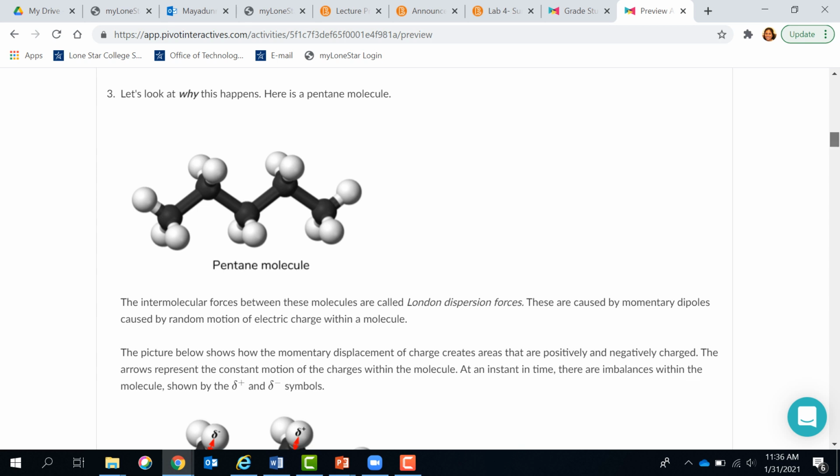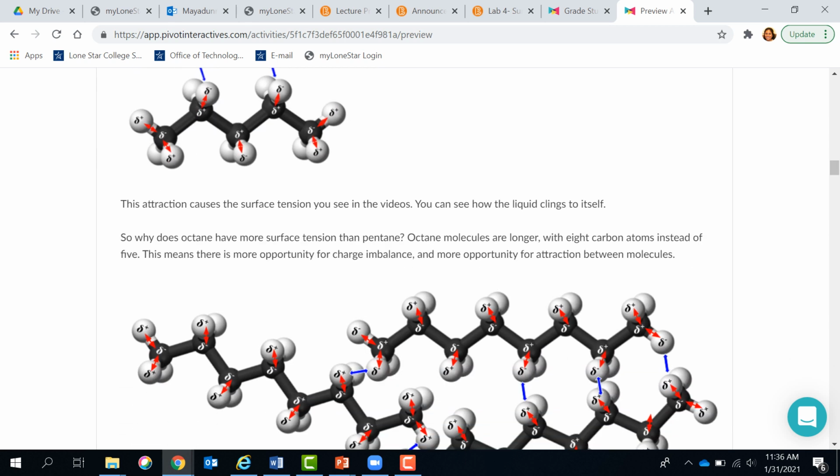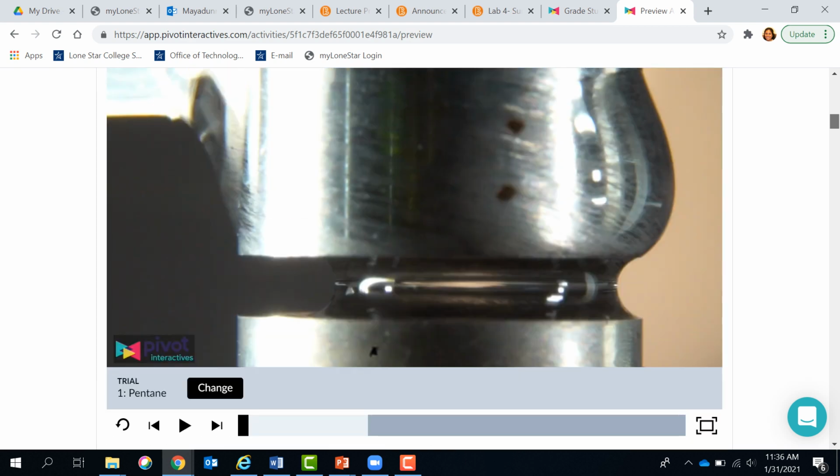You go down to the octane: 1, 2, 3, 4, 5, 6, 7, 8. So the thing you need to know is octane has 8 carbons, pentane has 5 carbons. And they ask you to find which has the highest surface tension, or the highest intermolecular forces.